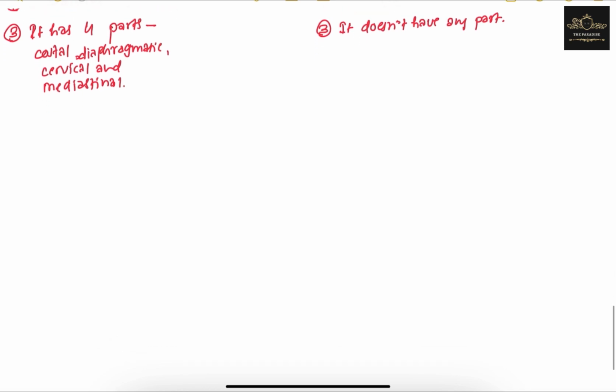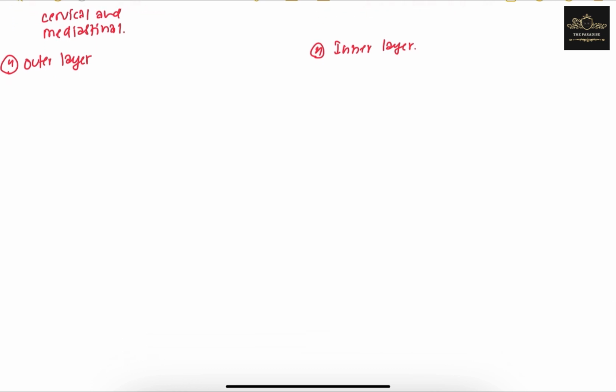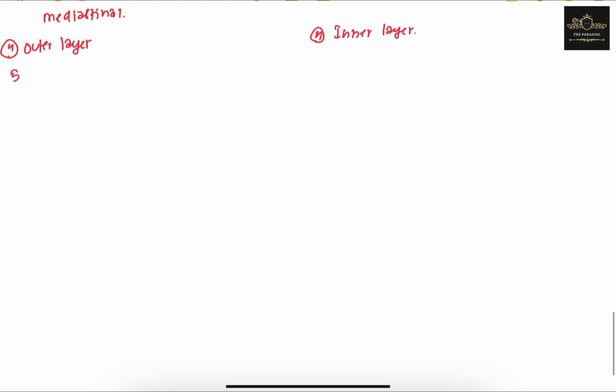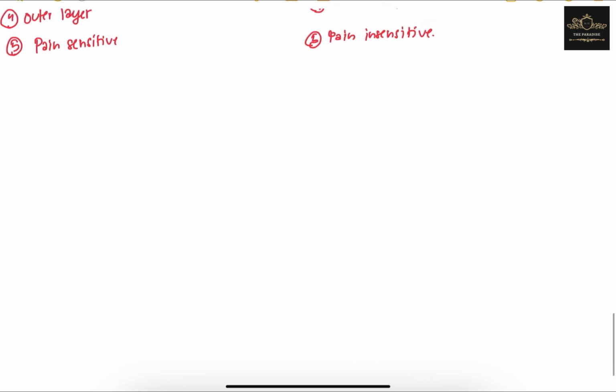Next point: parietal pleura is the outer layer, visceral is the inner layer. Parietal pleura is pain sensitive, and visceral is pain insensitive.